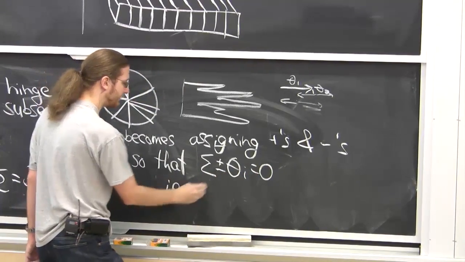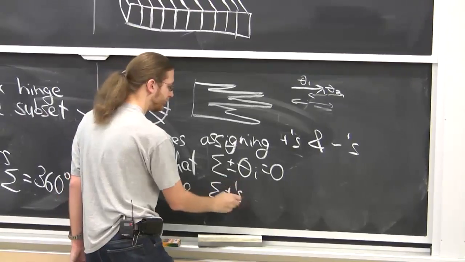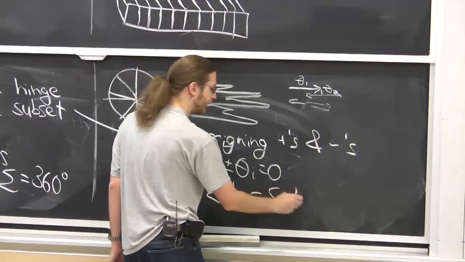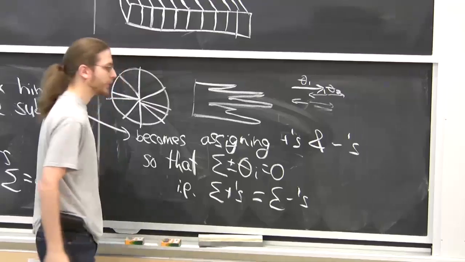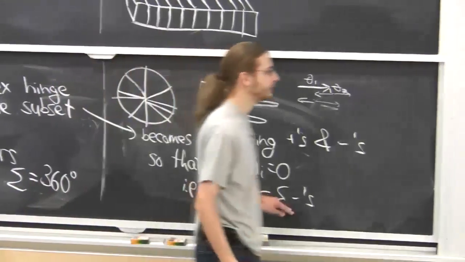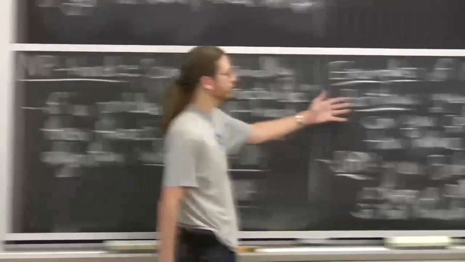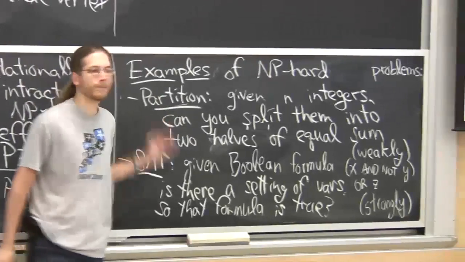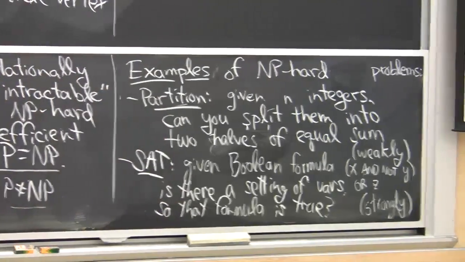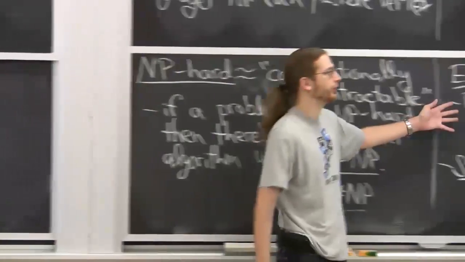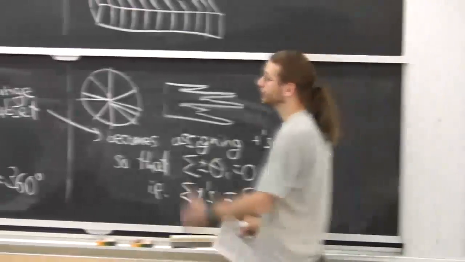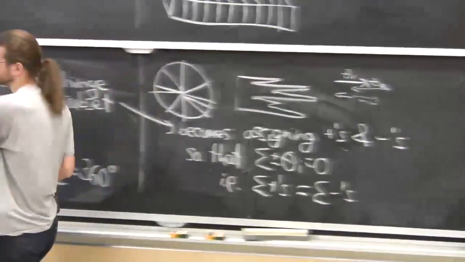But that's the same thing as saying the sum of the pluses equals the sum of the minuses. And if that's the case, then really you've partitioned your numbers into two halves of equal sum. So this is going to be possible exactly when there's a partition. And so you've converted partition into this problem, which means this problem is harder because it has other situations maybe.